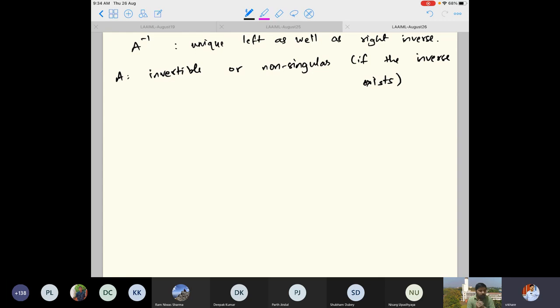So this is what we have. And now why are we talking of all these things? We are talking of all these things because we want to solve the system of equations, right? So what happens in this system of equations? You have the system of equations, say Ax is equal to b.